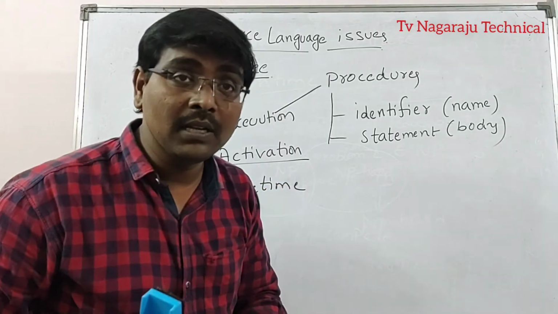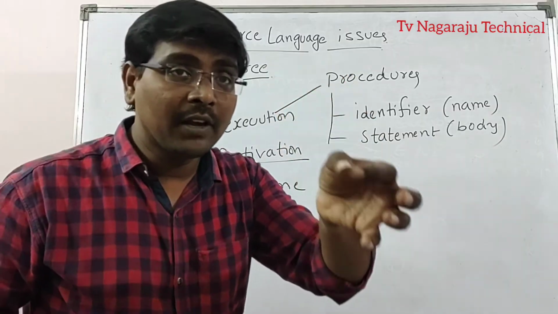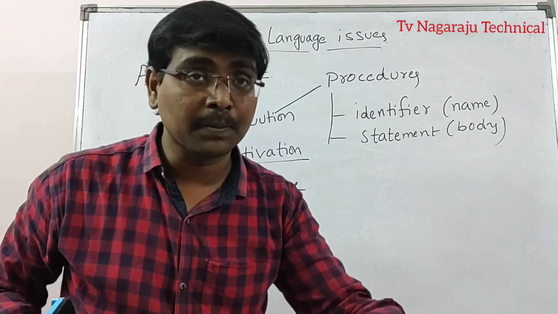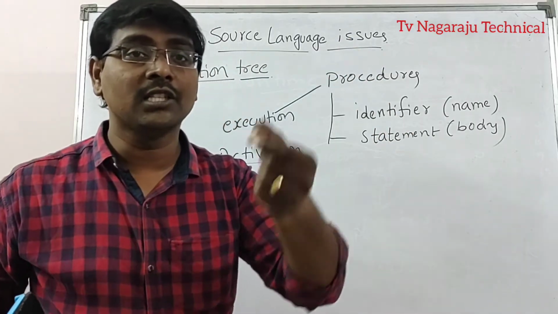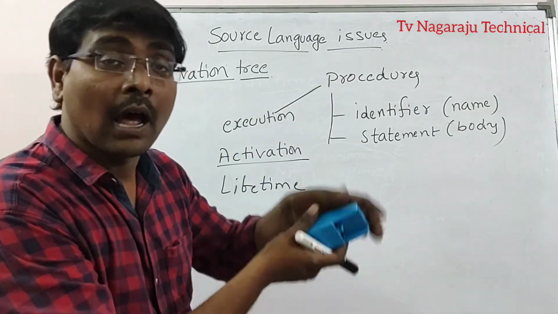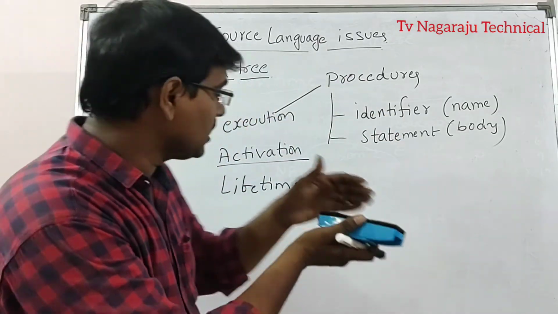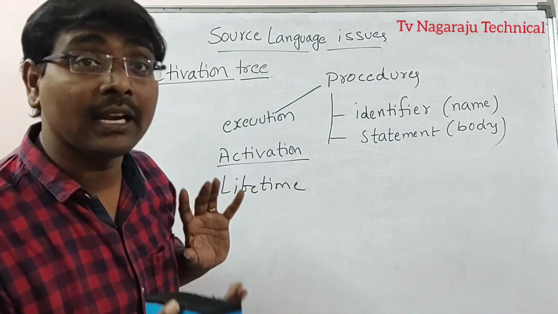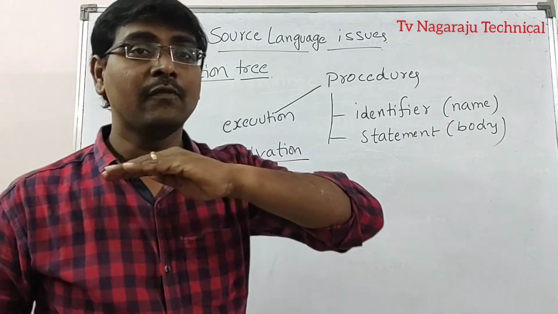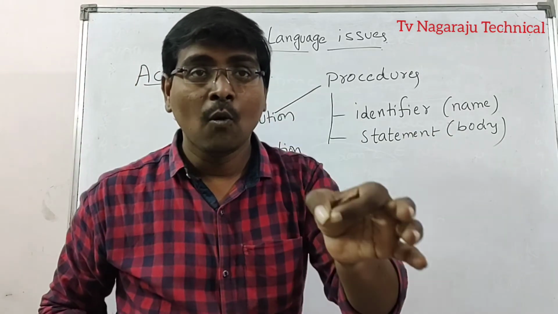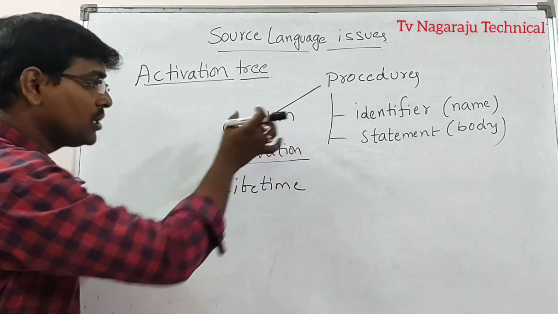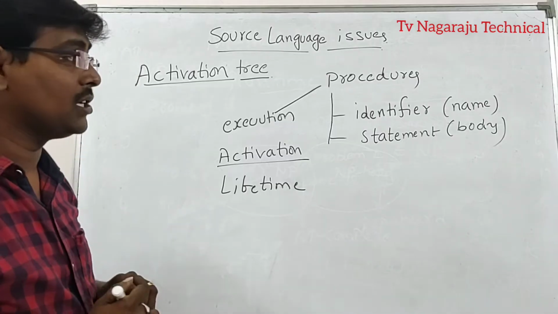The lifetime of an activation is the sequence of steps that the procedure executes. For example, if the procedure consists of 10 steps, until completion of the 10 steps, the activation is in the active stage. Once the procedure is completed, the lifetime has ended. Simply, an activation is a procedure under execution.